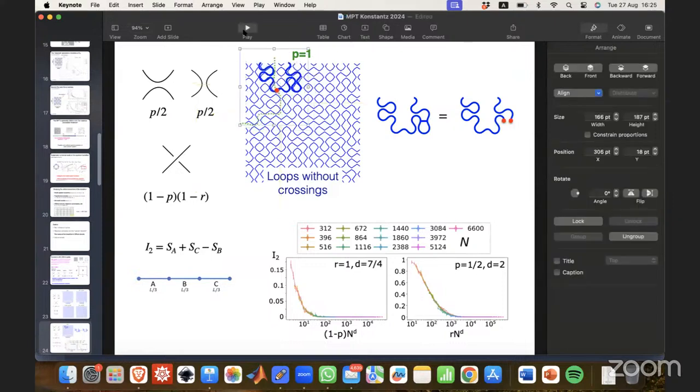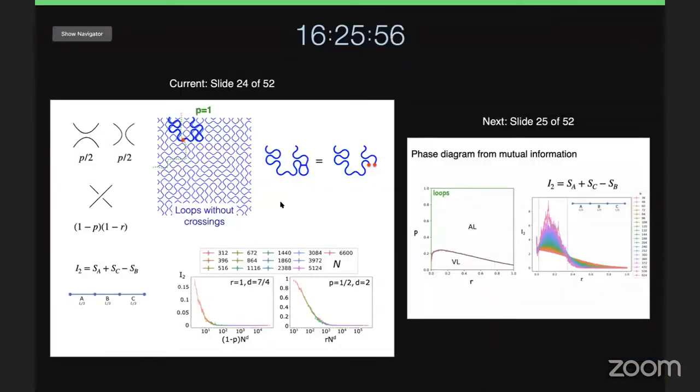The idea why this never exhibits a phase transition is because you can convince yourself that even when you have p equal to 1, which is the densest possible situation with measurements, there's always a finite probability that a loop is going to go around. There are these rare large loops that can go around the cut point, and they will always lead to growth of entanglement.